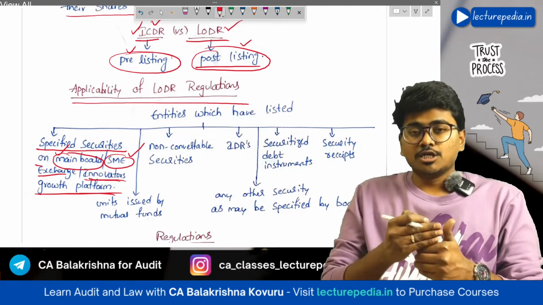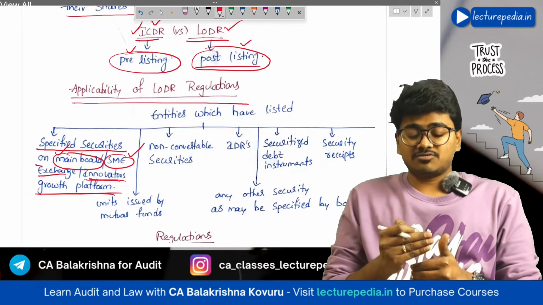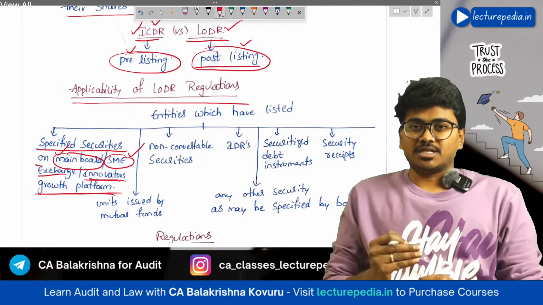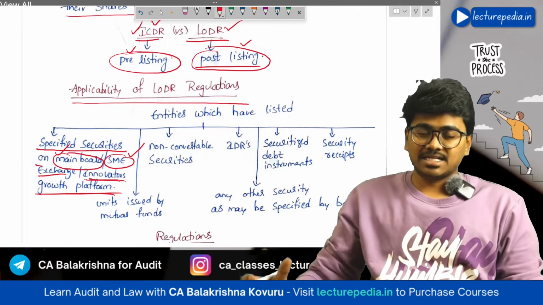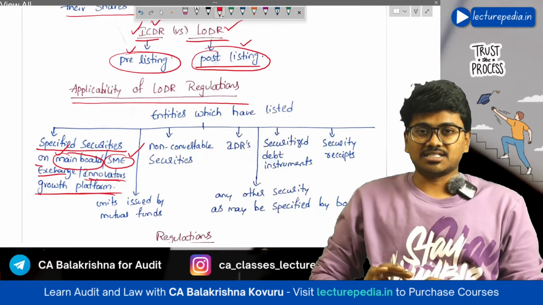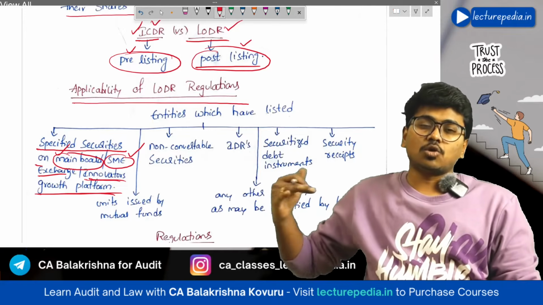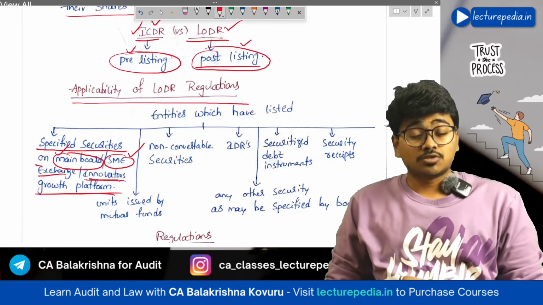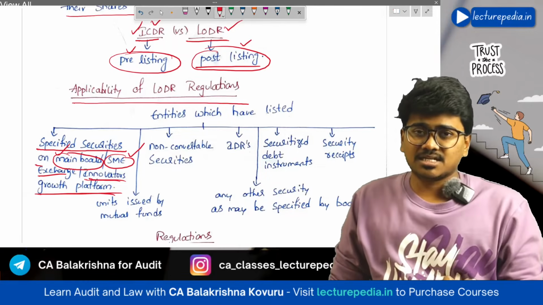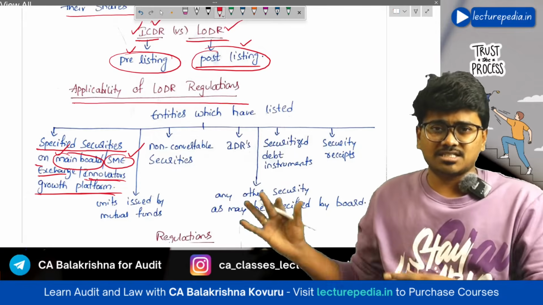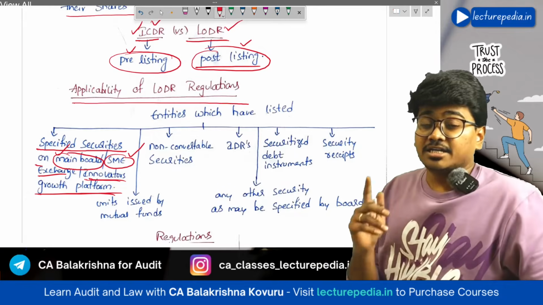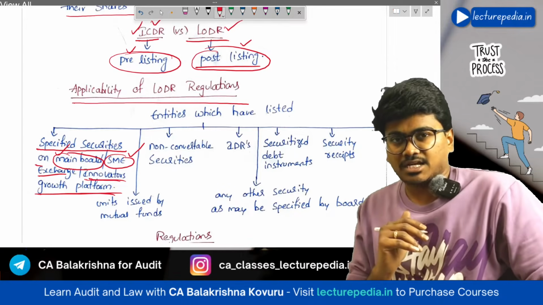That means new startup companies which are innovative companies, working on various innovative ideas, can list their shares on this innovators growth platform. Okay, so if the company has listed any of its specified securities on any of these three platforms, then it needs to comply with LODR regulations.